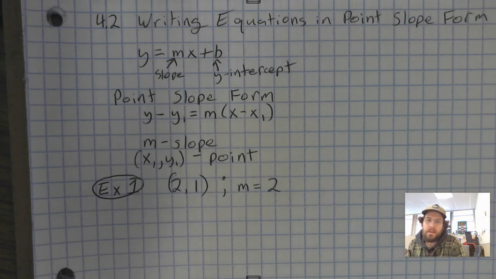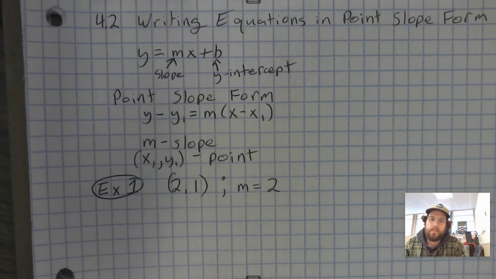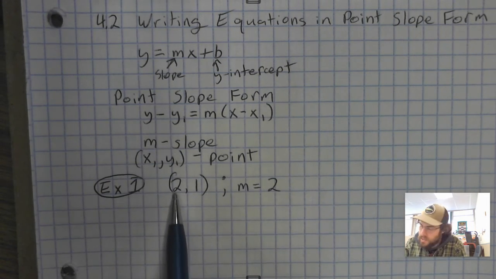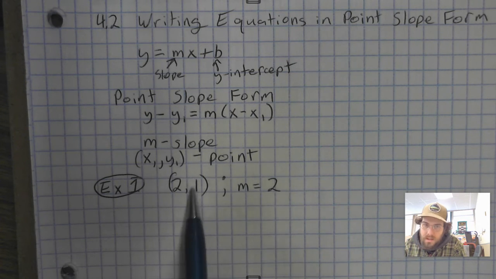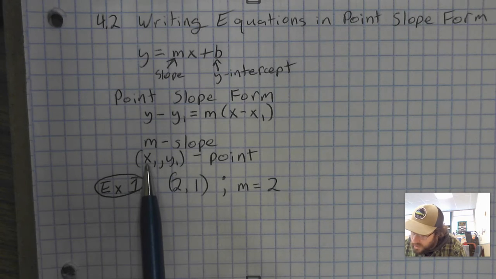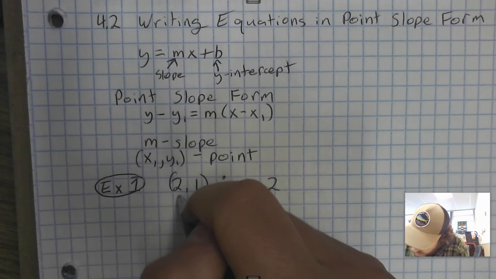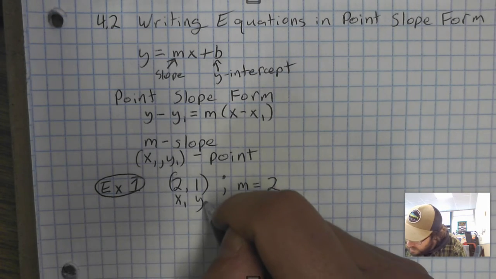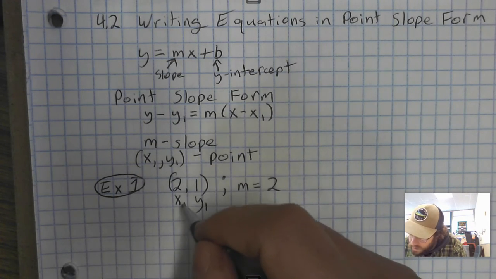For point slope form, the first thing you need to do is recognize that this is a point on my line. I always write it down as x1, y1, so I know y1 is 1 and x1 is 2.